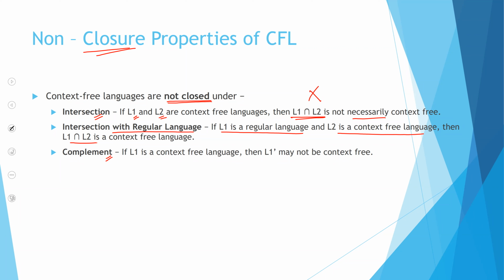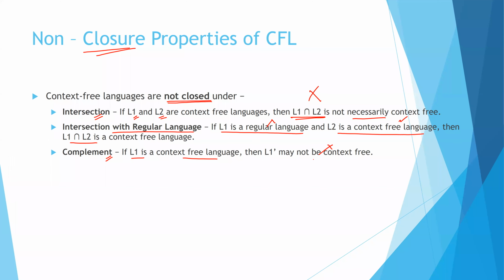Okay. L1 intersection L2 does not fall under regular languages, but it will fall under the category called context-free languages. Complement. If L1 is a context-free language, the complement of that need not be context-free. This is what you mean by non-closure, need not be.